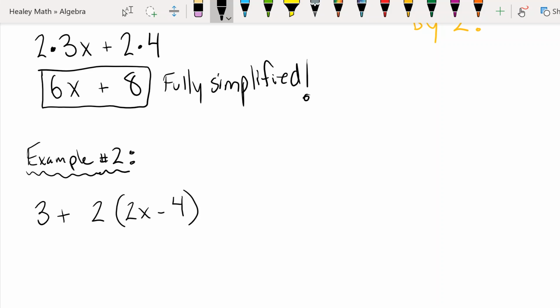We should always look inside the bracket to see if we can simplify. However, in this case, we can never simplify 2x and negative 4 since they are not like terms.